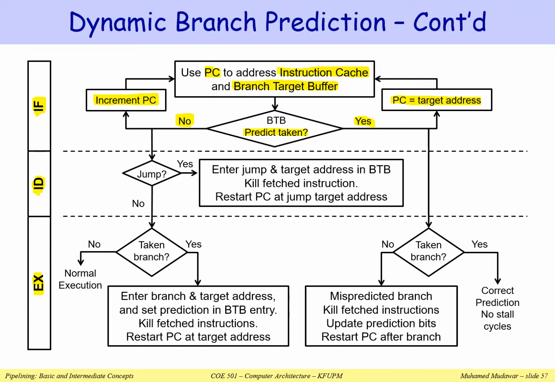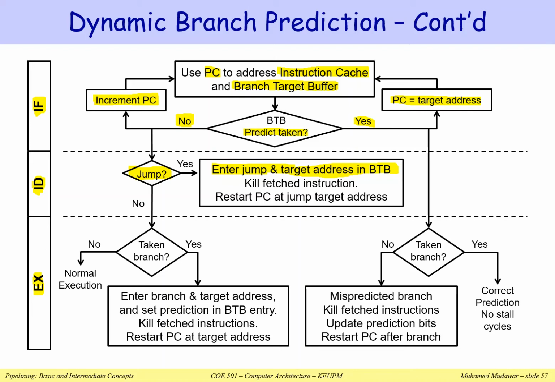If the instruction was a jump, and we did not find this jump entry inside the branch target buffer, then we have to enter the address of the jump instruction and also the target address. So we have to have an entry in the branch target buffer for this jump instruction and its target address. We have to kill the fetched instruction.